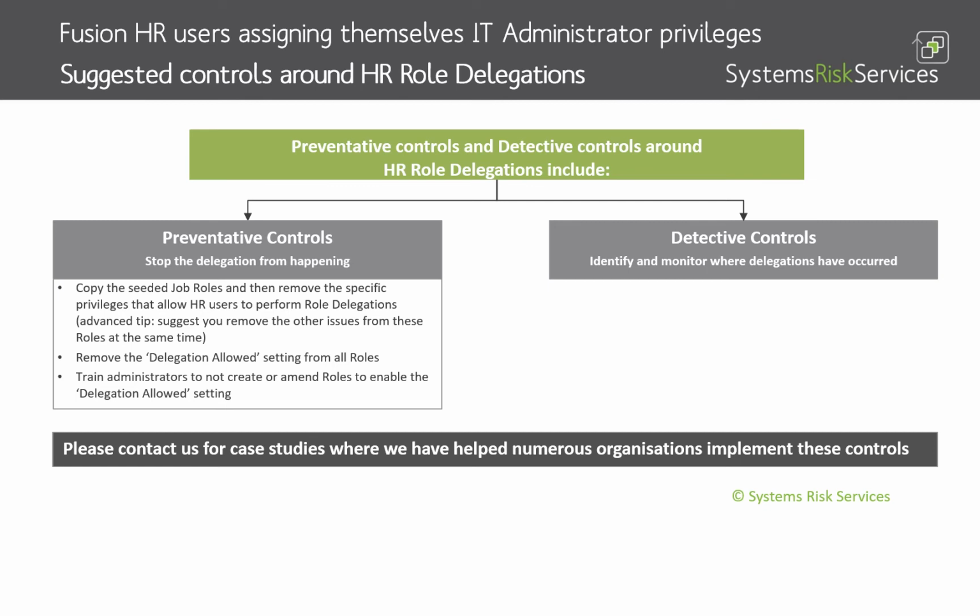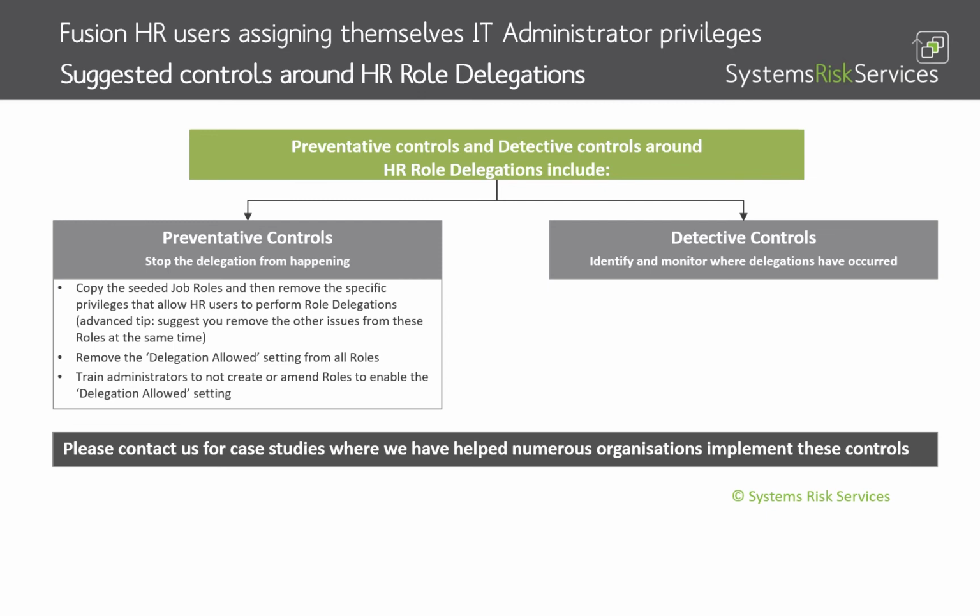The third one that I've noted here is around training administrators not to create or amend roles to enable the delegation allowed setting. So when IT people who've got IT security manager do assignment of roles to users, there is a little checkbox that appears on their screen that allows them to set any one role to be delegation allowed, and it doesn't just set it for that one user, it sets it for the whole role for any user.